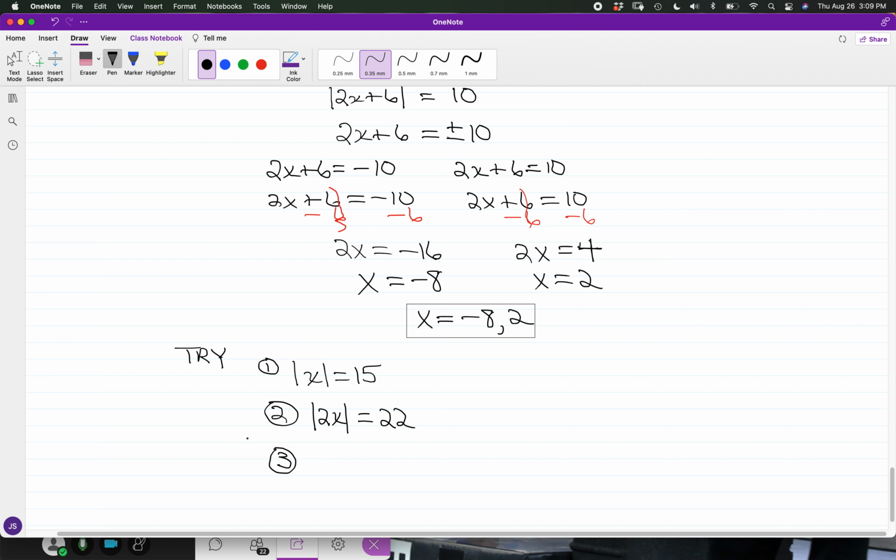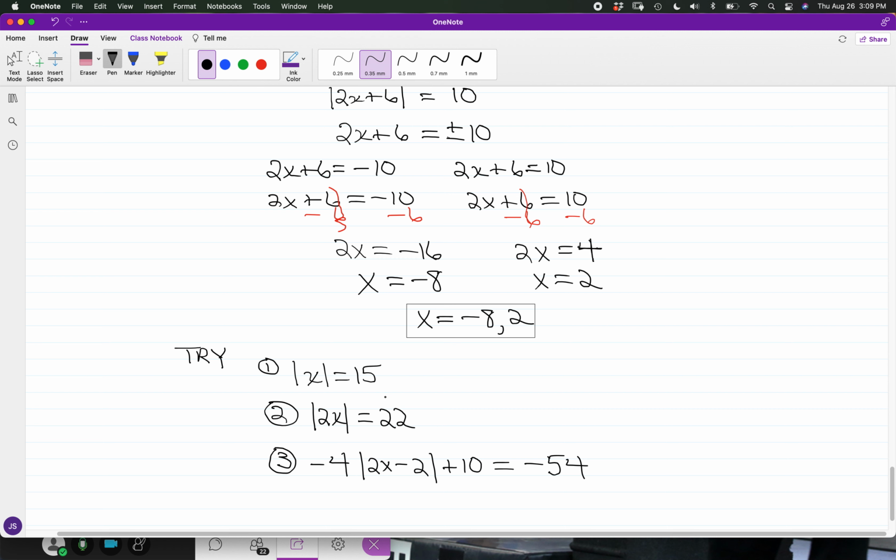And also, let's see what we get in the case of negative 4 times the absolute value of 2x minus 2, plus 10, is equal to negative 54.